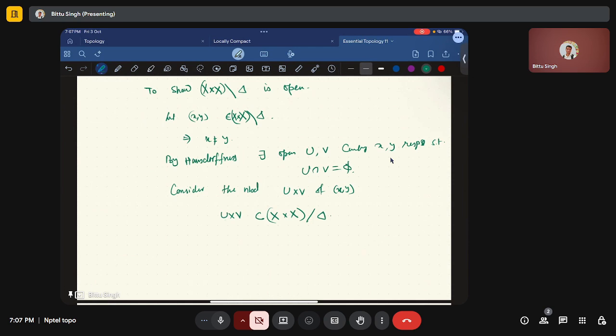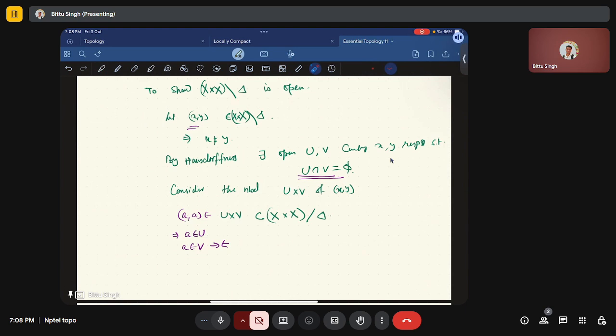Because if we assume some (a, a), this is rough work, if (a, a) belongs to U cross V, this will imply a belongs to U and also a belongs to V. But U intersection V is empty, so this is a contradiction. So we have successfully found a neighborhood of the point (x, y) which is contained in the complement of the diagonal.